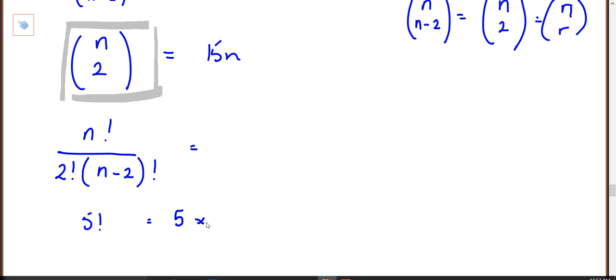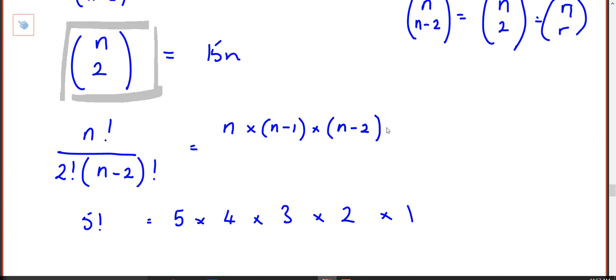Okay, 5 times 4 times 3 times 2 times 1. So n factorial would be n times what? Good. n minus 1 times n minus 2 times n minus 3 all the way up to n minus n. But it goes on for infinity until I know what n is, yeah?